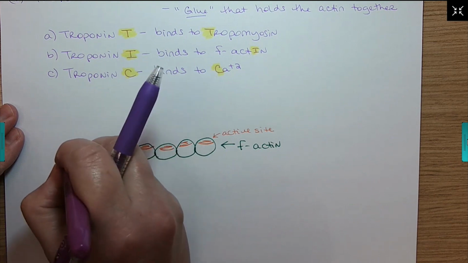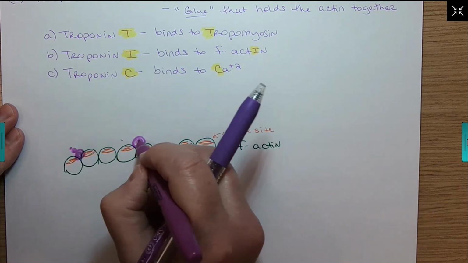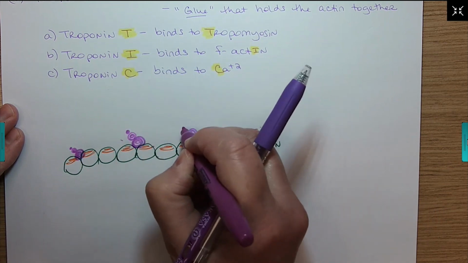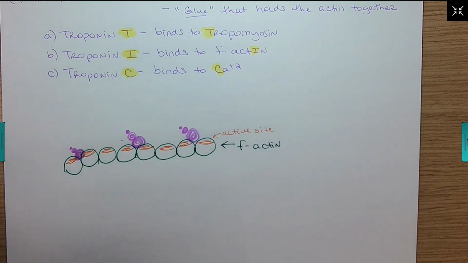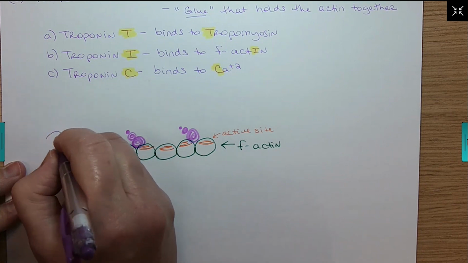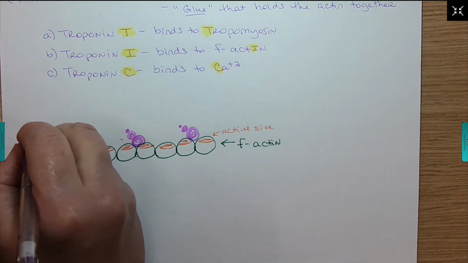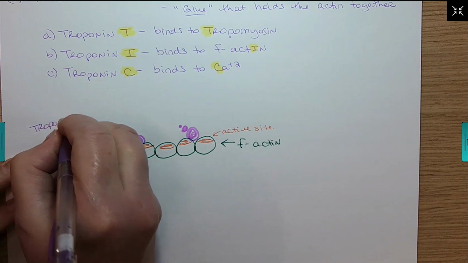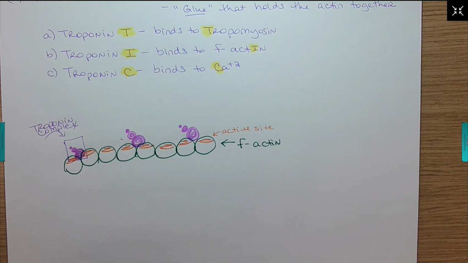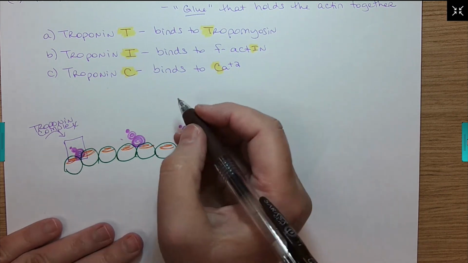So you've got your three molecules that represent your troponin complex. I'm not going to worry about which one is which. We're just going to say those three structures, each one represents the T, the I, or the C molecule. Okay, so now we have this surprise molecule that comes in called calcium.